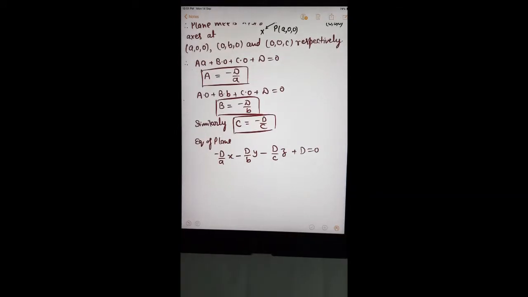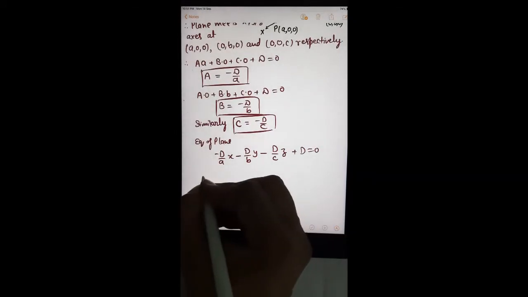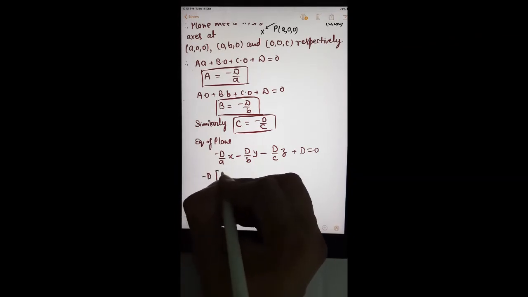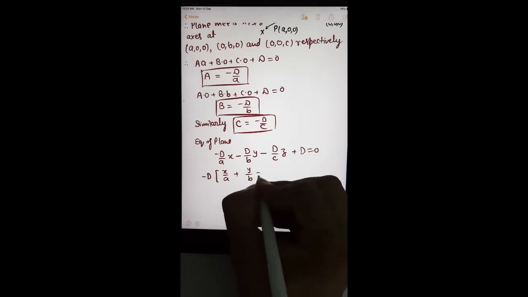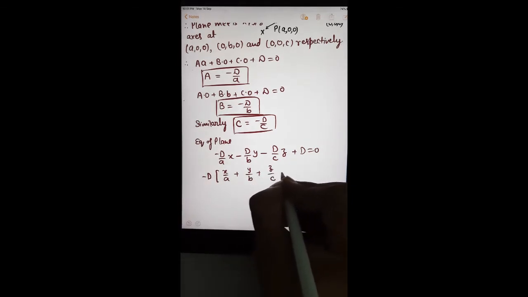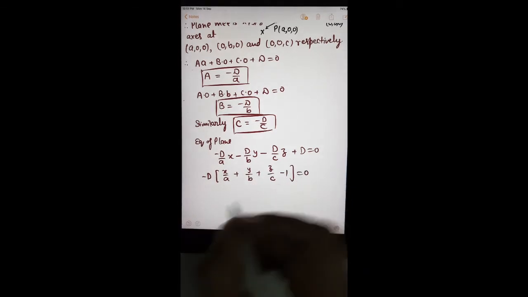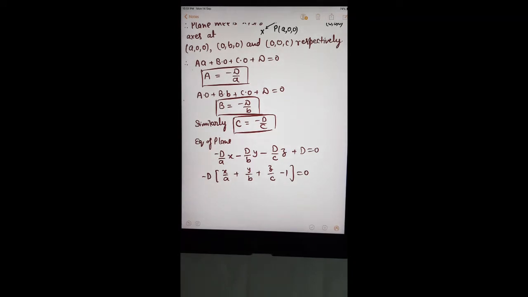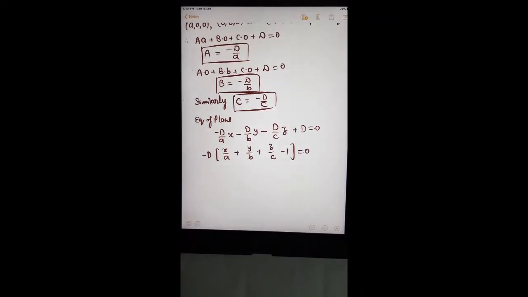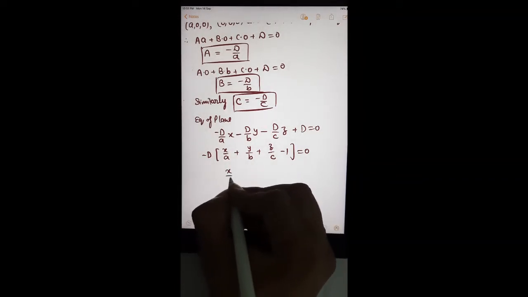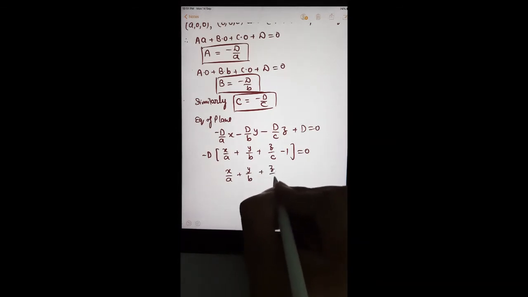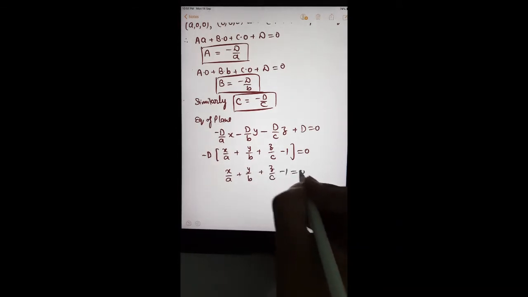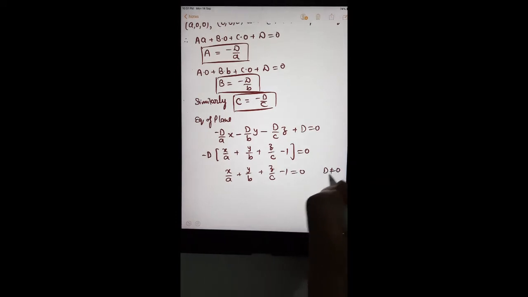So you can see if we take minus d as common, then we get x upon a plus y upon b plus z upon c minus 1 equals to 0, since d is not equal to 0.